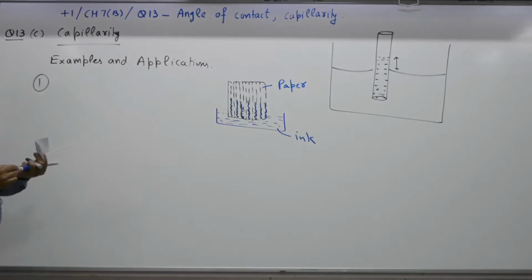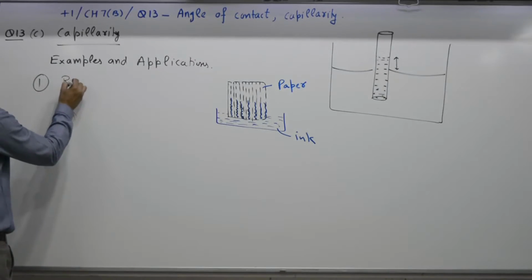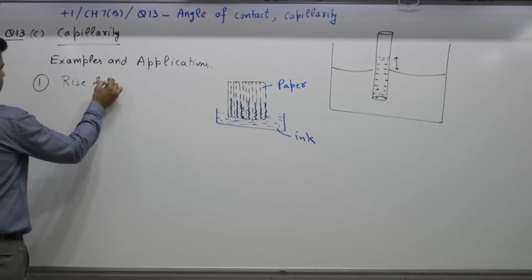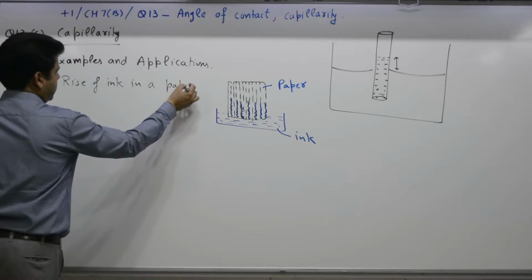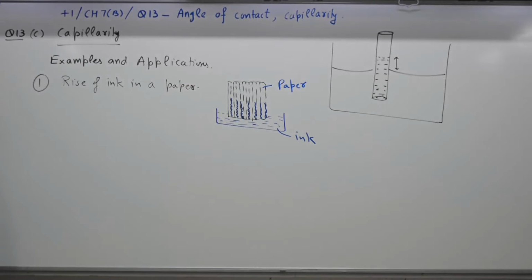Example number 1: rise of ink in a blotting paper. Second, a towel soaks water on account of capillary action.